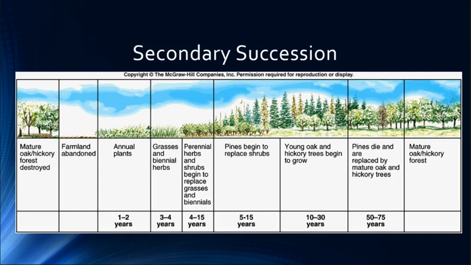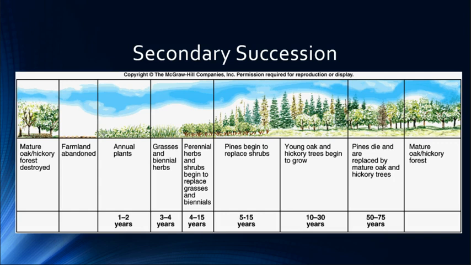Now, you're going to get the same kind of progression, except you're going to skip the bare rock lichen phase, and you're going to start with your annual plants, then you're going to move in with your grasses and perennials. So in the place of the lichens from primary succession, you have the annuals here that take root in the soil. And then after your perennial herbs and shrubs, you're going to start to get those shade intolerant trees.